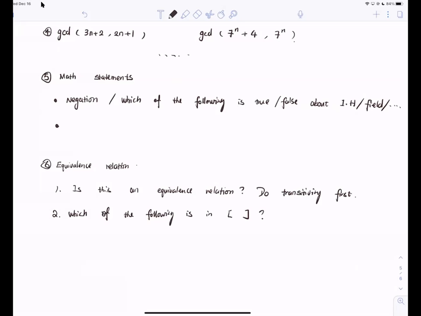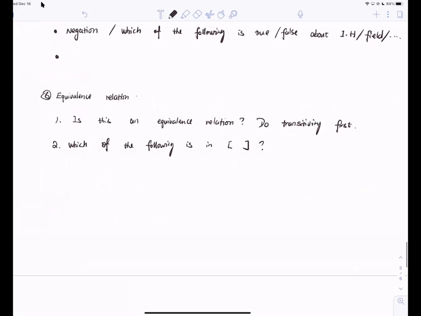Oh, image. What's the image of something? Basically, what's the image of something? Or which of the following is the image of a function?